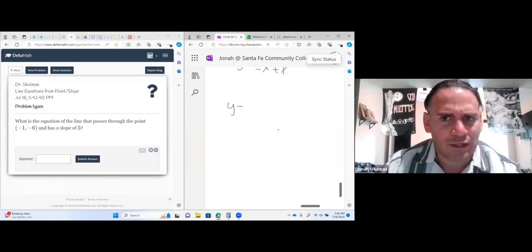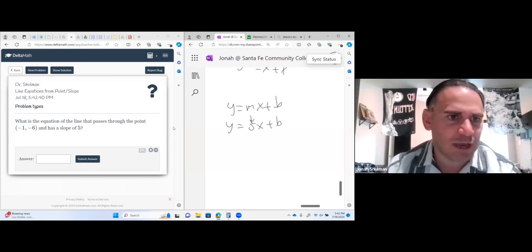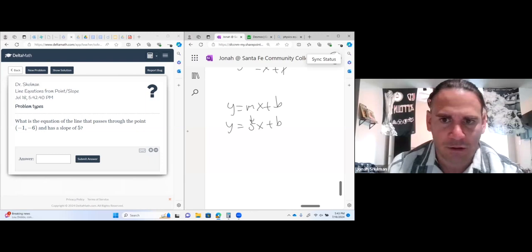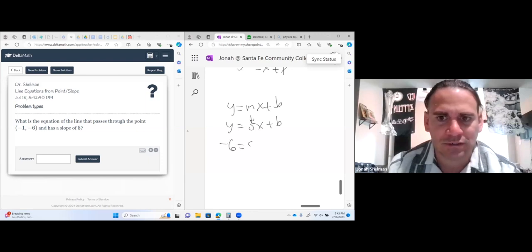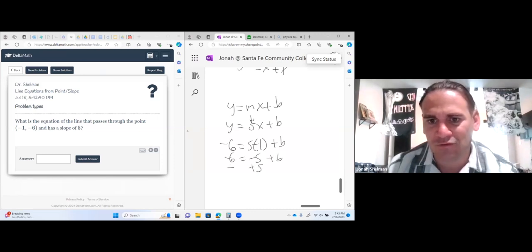All right. So we want y equals mx plus b, but we don't have the b, but we have the slope. So y equals, our slope is 5x plus b. So we have the points -1 and -6. That's your x. That's your y. So our y is -6. Our x is -1 plus b. We have -6 equals -5 plus b. We add the 5.